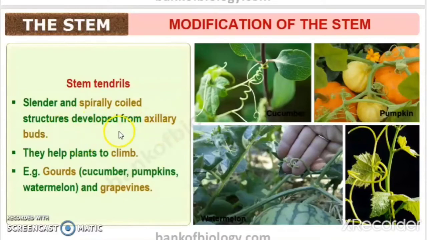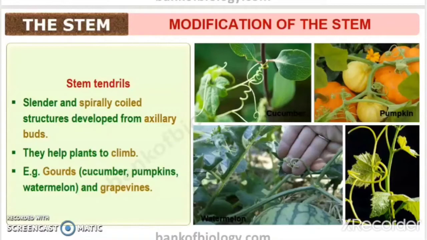So axillary buds are the buds which are formed at the nodes, right? So they develop from this region, and examples of these tendrils are gourds like cucumber, pumpkins and watermelon. In case of pumpkin and watermelon, these tendrils will not help them to climb, but they just twist around various substances, like when they creep on the ground, no? So these tendrils will get twisted around some other plants or objects on the ground, right?